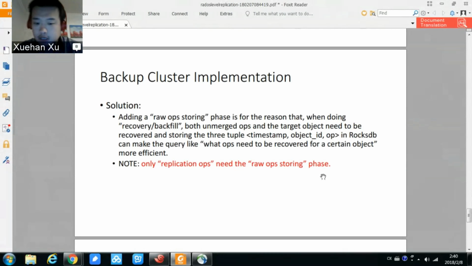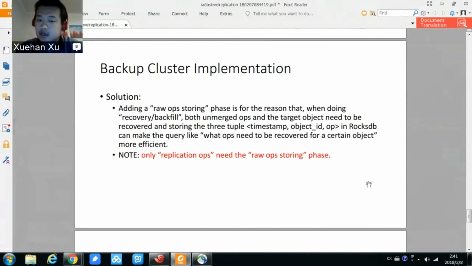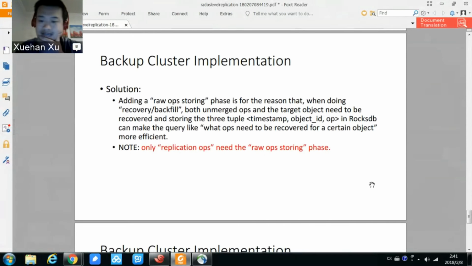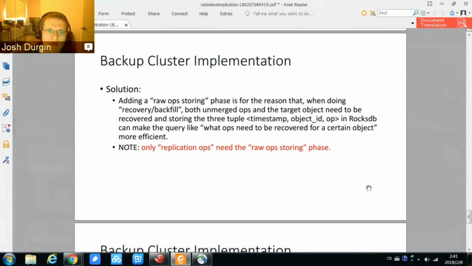And also, if the OSD map changes, then all the replication ops targeting some object should be recovered together with that object, and those replication ops should also be stored in the RocksDB of the new OSD. I don't know if I'm saying this correctly. Yeah, that makes sense.